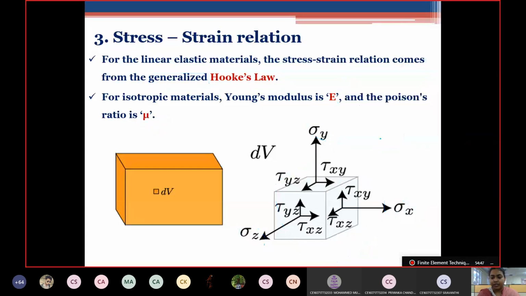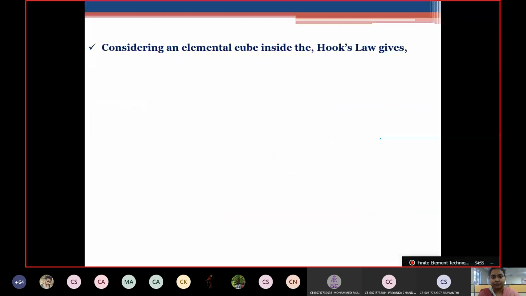From that, we are trying to apply generalized Hooke's law to the cubical element inside the structure. Applying Hooke's law, this is the first equation: strain in x direction is expressed in terms of stresses.